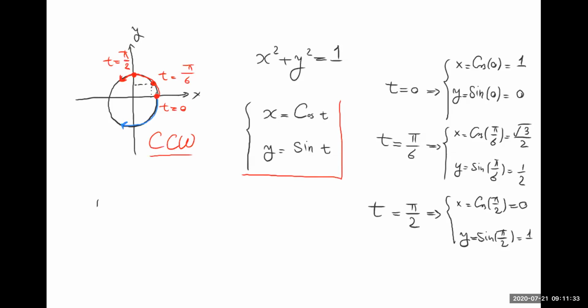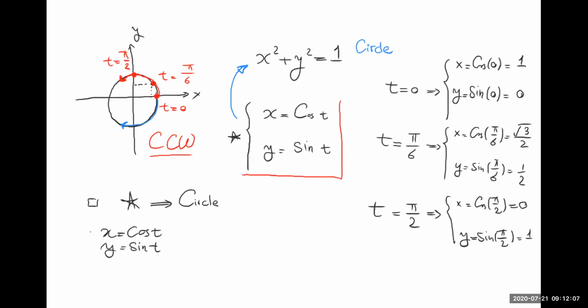Just one simple fact. Let's show that this thing, let's call it star, is really parameterizing this circle. It means I should show that star implies the equation x squared plus y squared equals 1, because this is the equation of the circle. And it's simple because x is cosine of t, y is sine of t.